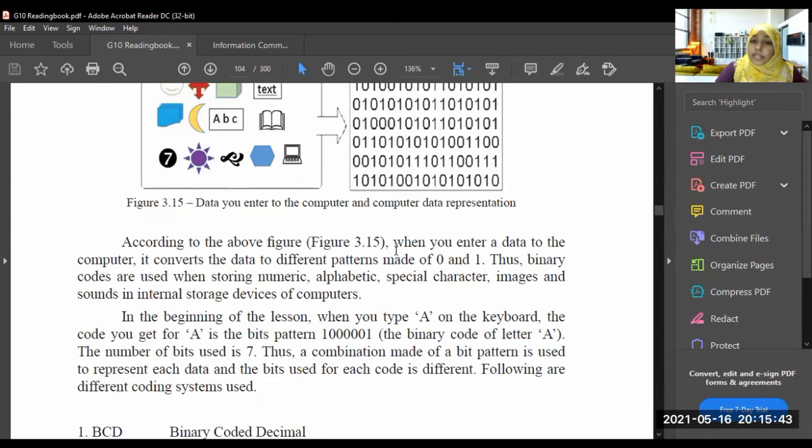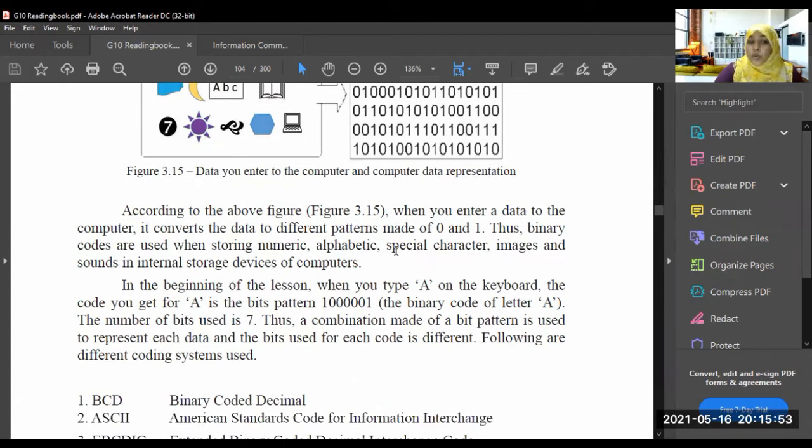According to the above figure 3.15, when you enter data to the computer, it converts the data to different patterns made of 0 and 1. Thus, binary codes are used when storing numeric, alphabetic, special character, images and sounds in the internal storage devices of the computer.